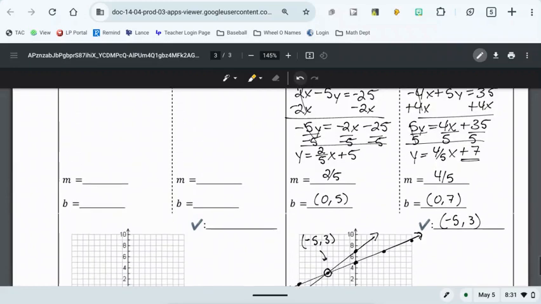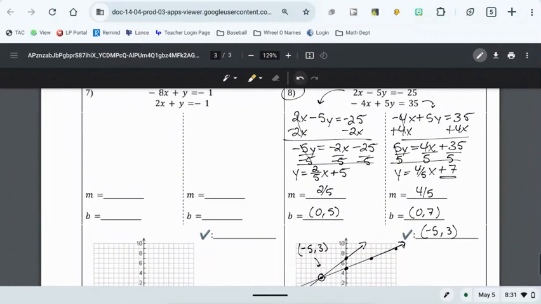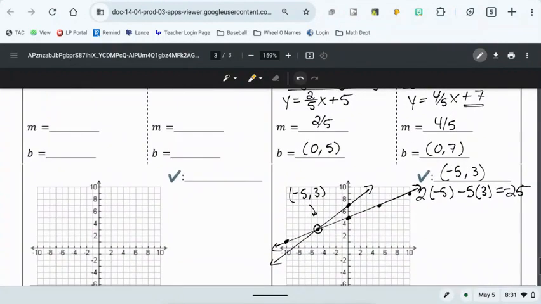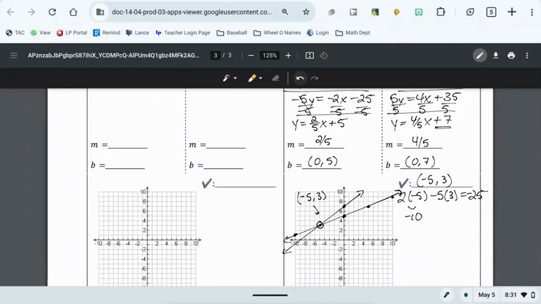And let's check our answer. We have 2x minus 5y. So 2 times our x value minus 5 times our y value equals negative 25. So that's going to be negative 10 minus 15. Negative 10 minus 15 is negative 25.